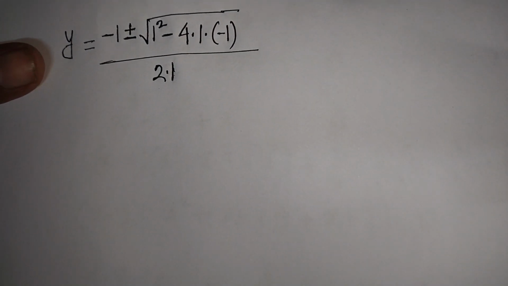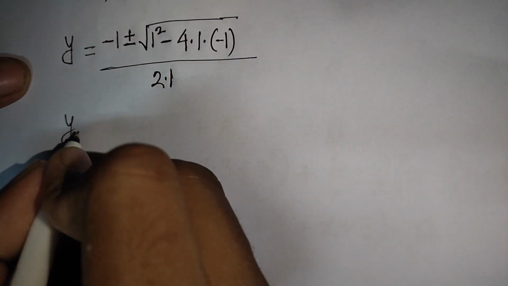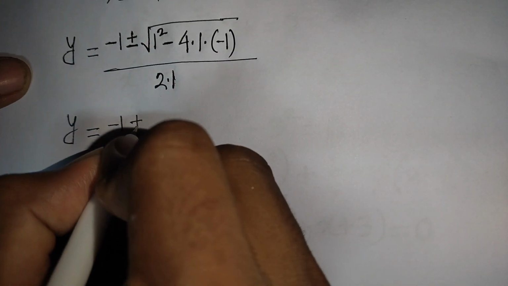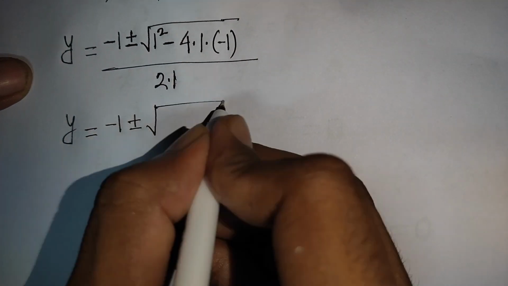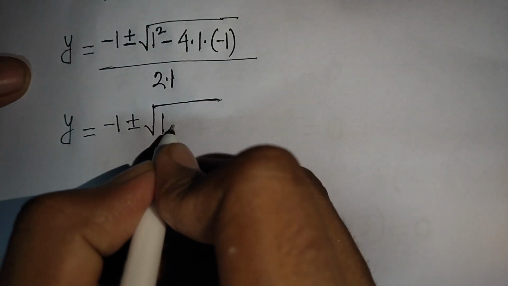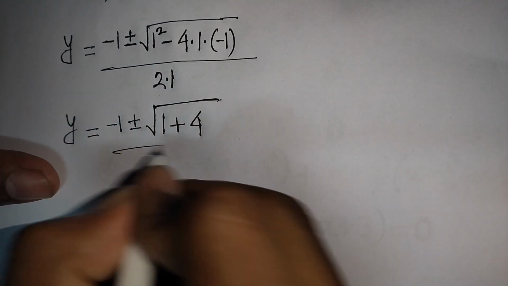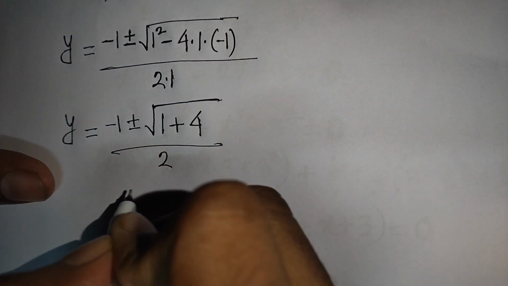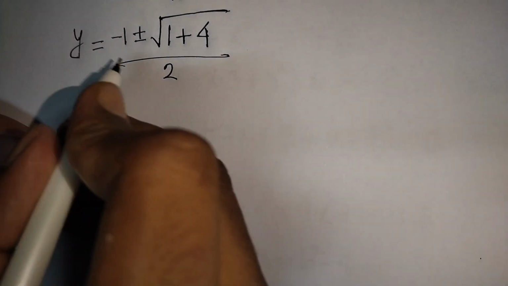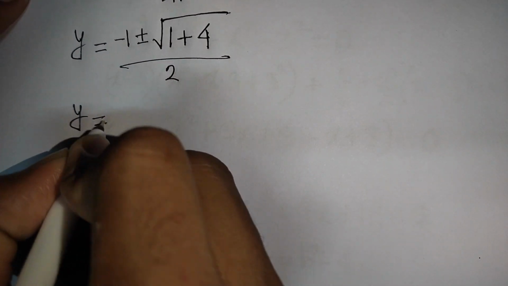Now we can write here y is equal to minus 1 plus or minus the square root of 1 square, which is the same as 1, minus times minus means plus, 4 times 1, that means 4, divided by 2 times 1, that means 2.